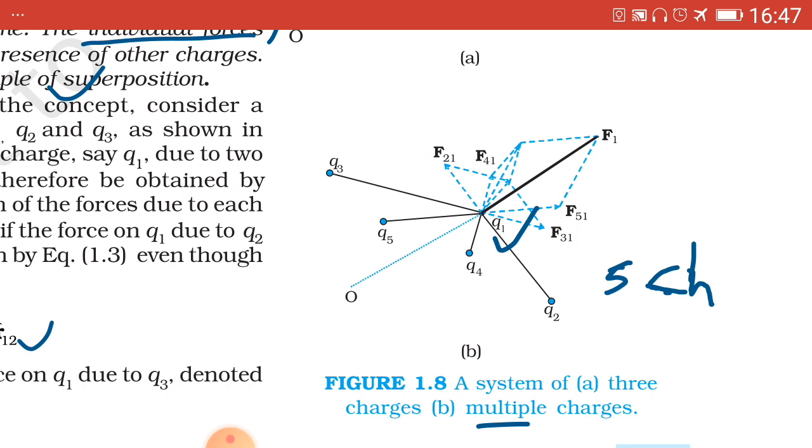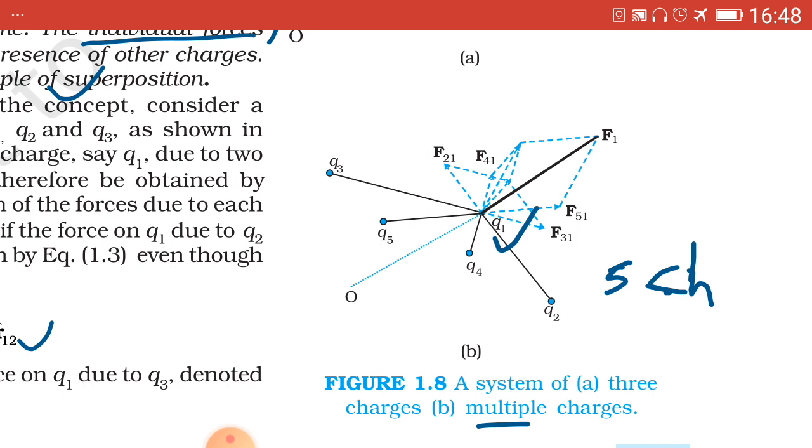On third charge, total force on q3 equal to vector F3 equal to vector F31 plus vector F32 plus vector F34 plus vector F35. That is, if 5 charges are present, then 4 forces have to be added. That is one less than the total number of charges present in the system.